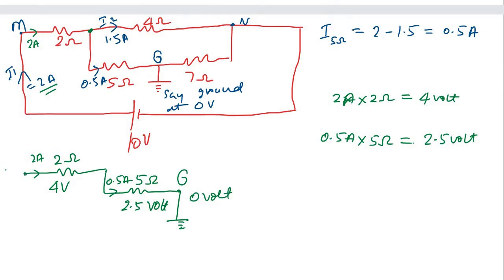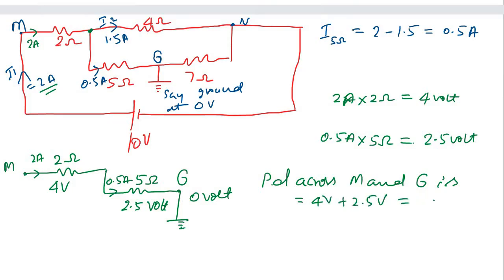And on the left hand side, we are having the point M. Okay, so let us find the potential difference. So the potential difference across M and G is equal to 4 volt plus 2.5 volt.